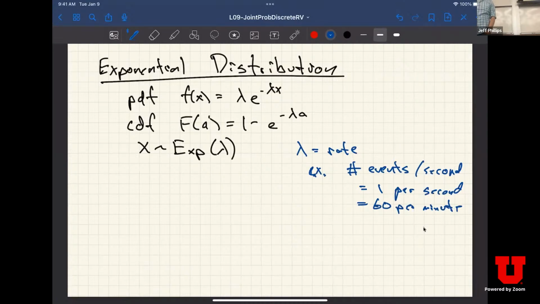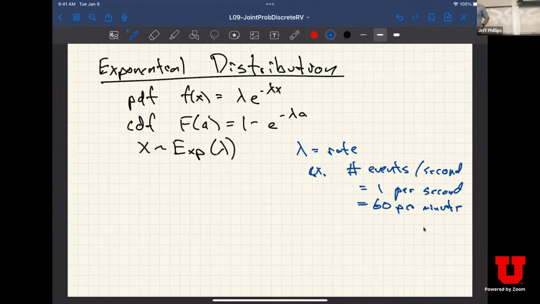So it depends on the unit here, right? If I'm measuring in larger amounts of units, then I'm going to have more events happen in that span of time.